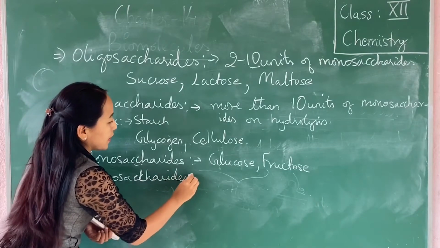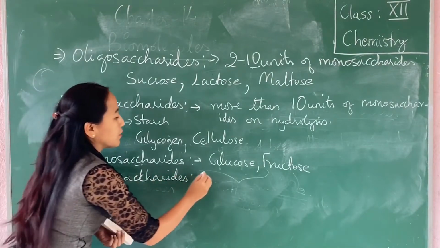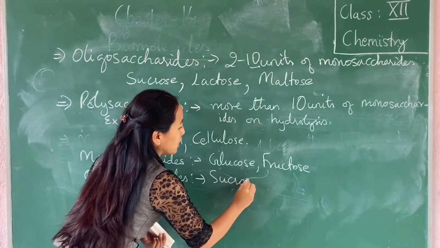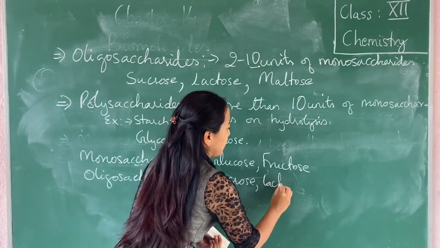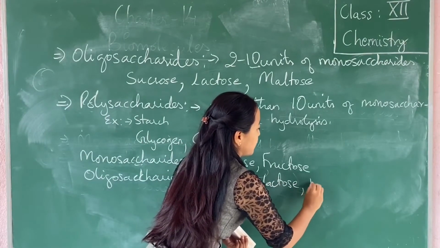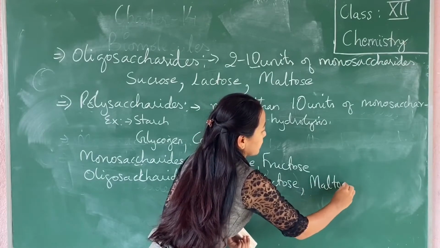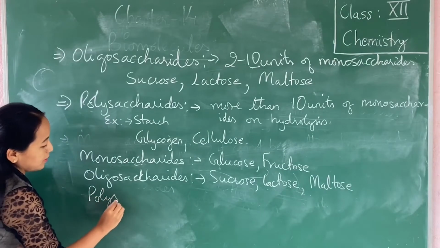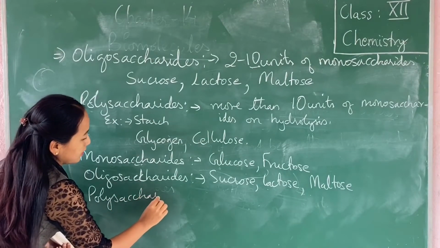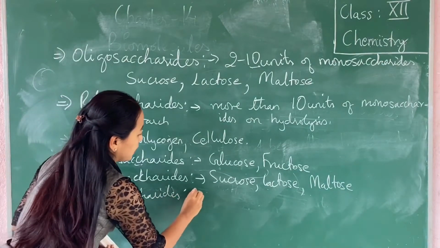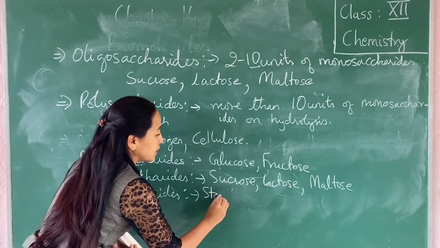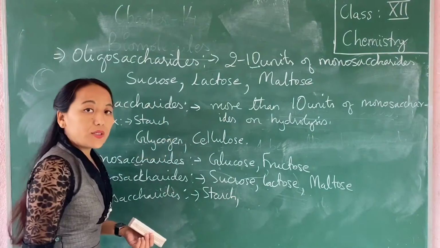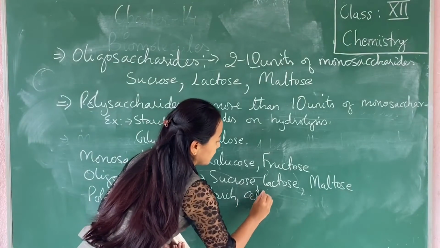From oligosaccharides, we are going to study in detail about sucrose, lactose, and maltose. And from polysaccharides, we are going to study in detail about starch, cellulose, and glycogen.